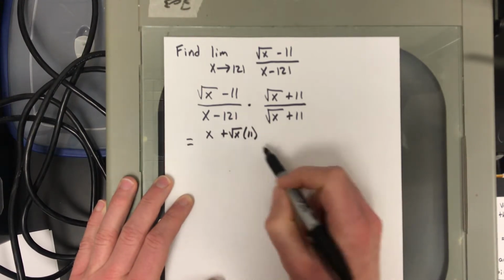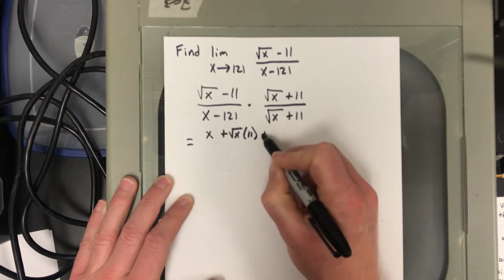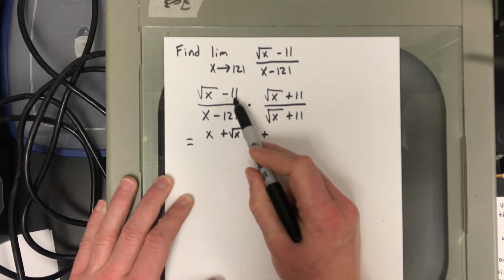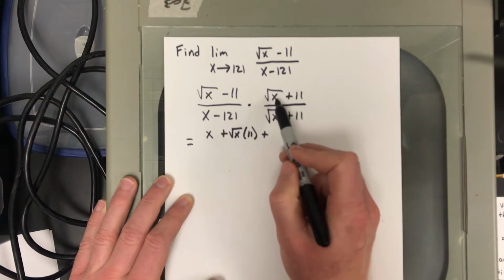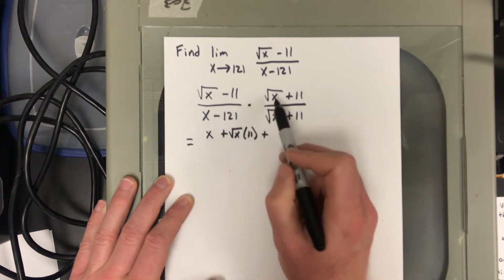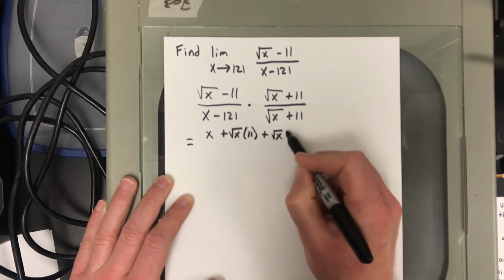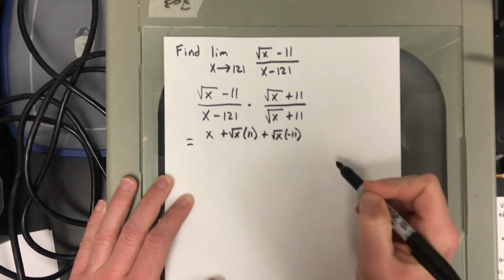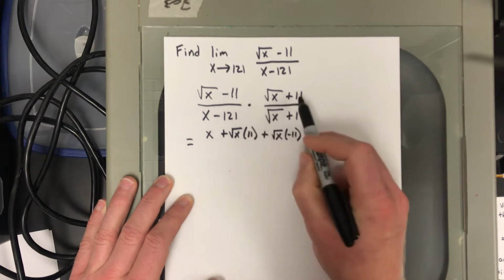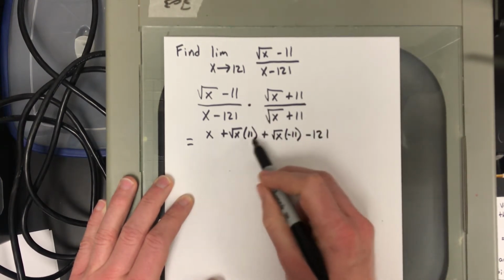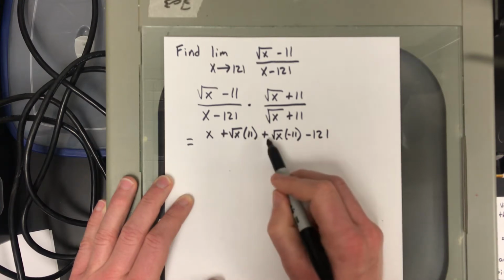Then we're going to have negative 11 times square root of x, and negative 11 times 11 is negative 121. I kind of wrote this all wacky. Sorry about that. I'll fix that in just a second.